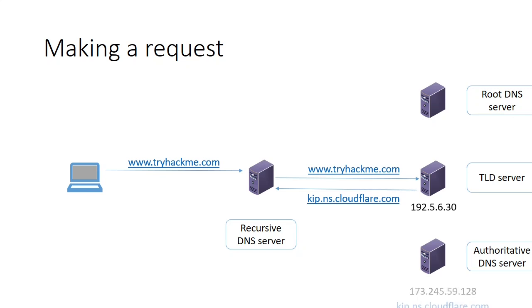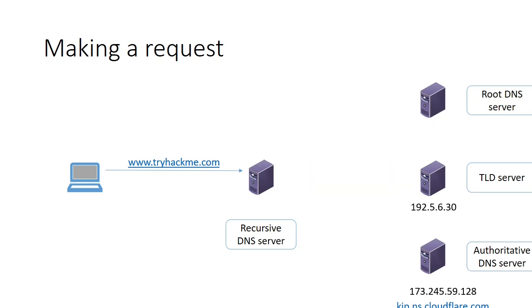And then your recursive DNS server will send the same request again, but this time to the authoritative DNS server, the one who has authority on the domain name. It's also the one responsible for storing the DNS records for a particular domain name, and where any updates to your domain name DNS records would be made.